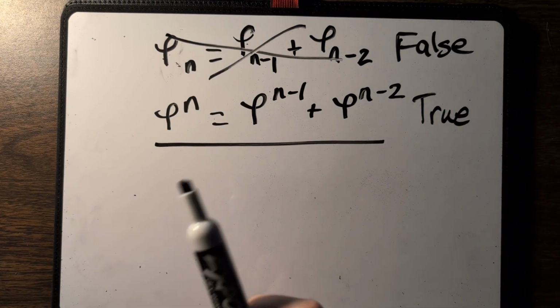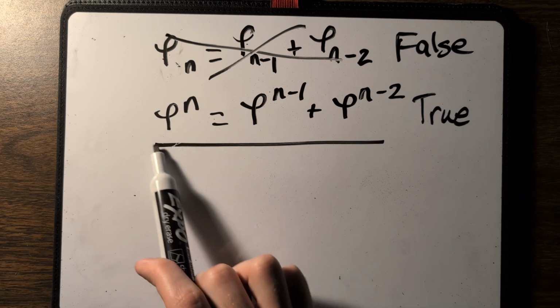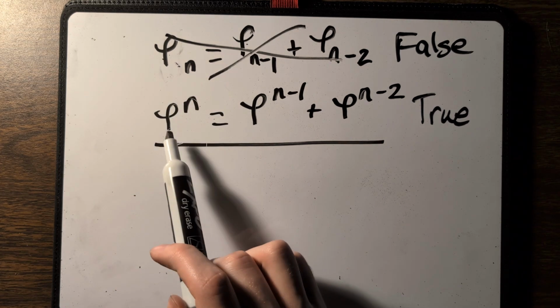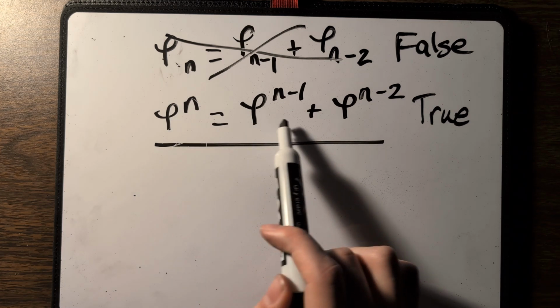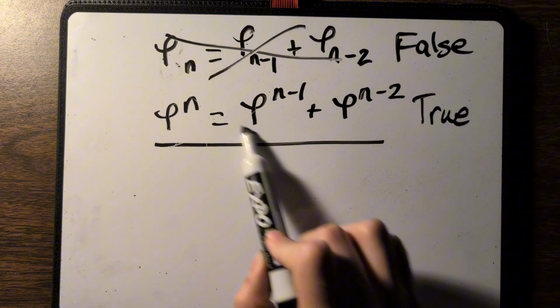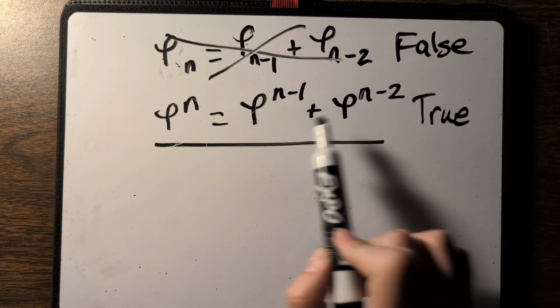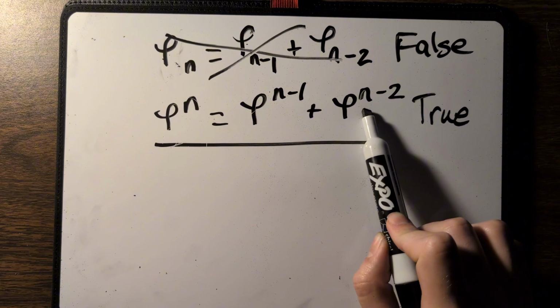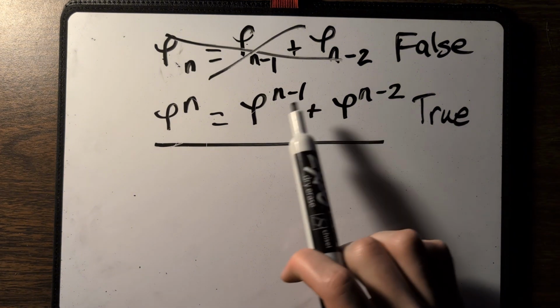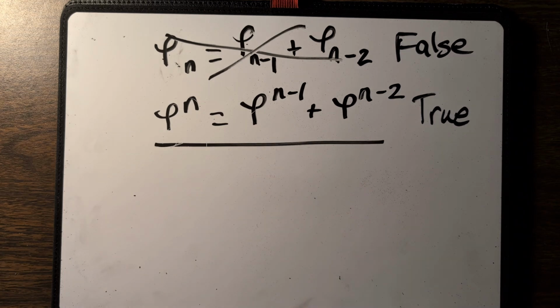What is true is that when we take a power of the golden ratio, it is equal to the golden ratio of the previous power plus the golden ratio of the power before that.